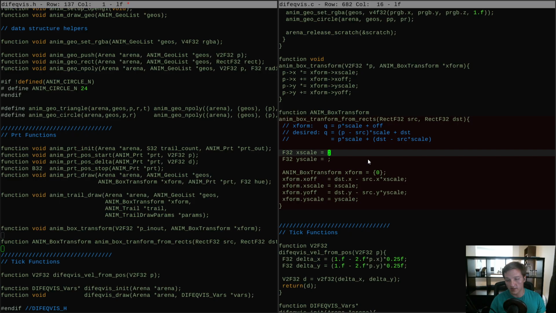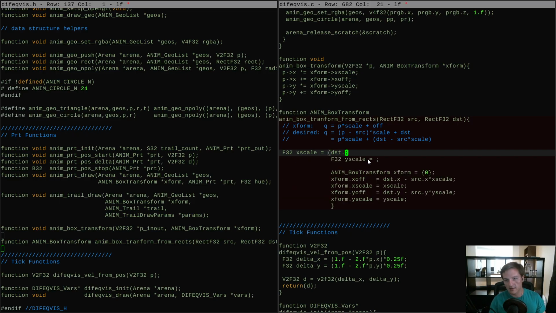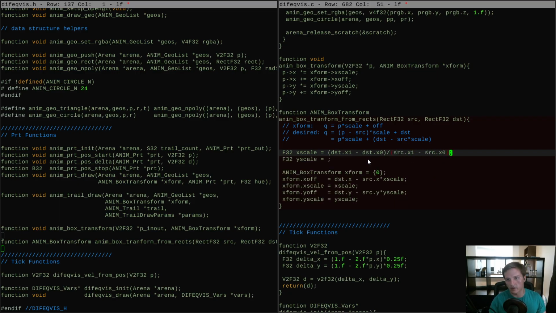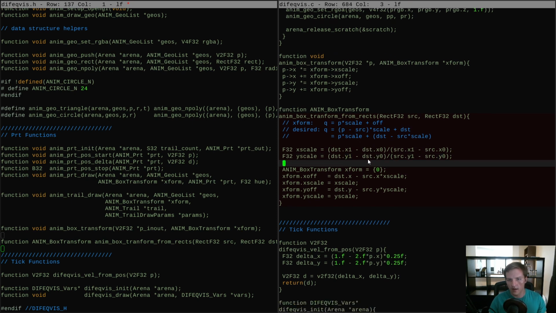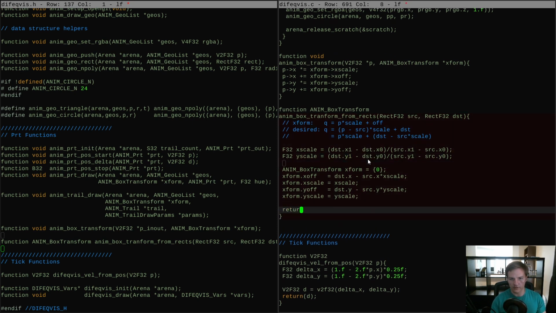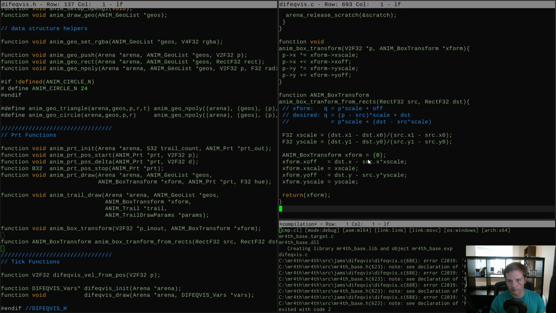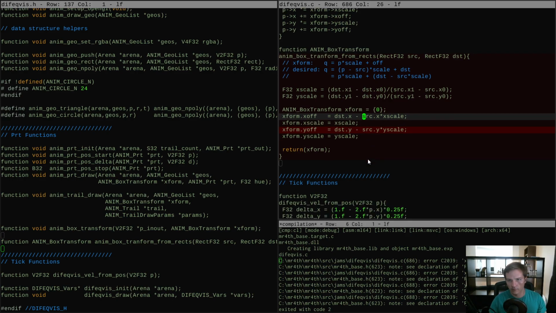So the scales are going to be dest.x1 minus dest.x0 divided by source.x1 minus source.x0, and then x becomes y. Return the xform. This is x0 and y0.